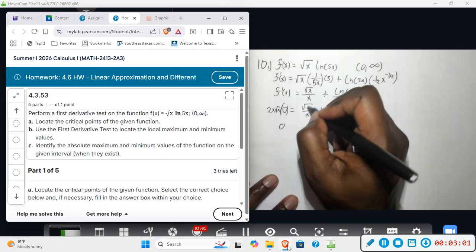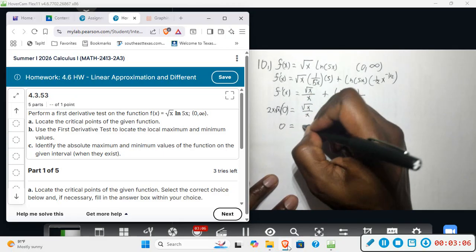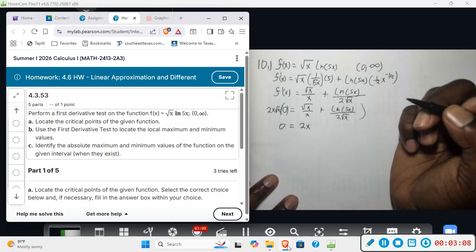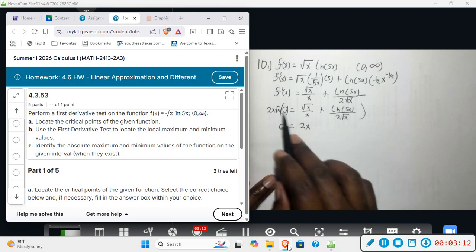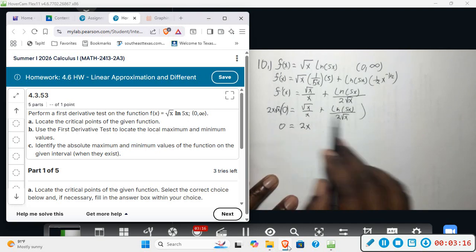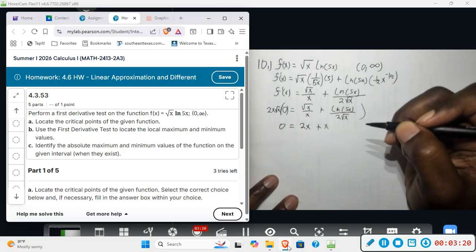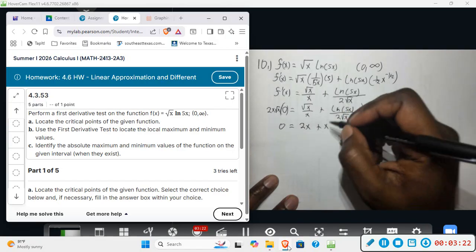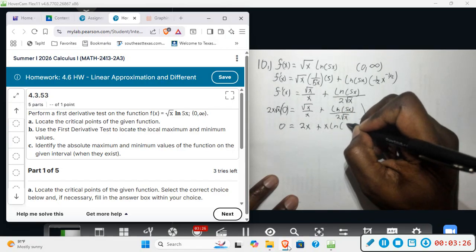The square root times square root will be squared, and then it will cancel out, leaving me with 2x. And then multiplying the 2x square root of x times this term, the square root of x and the 2 will cancel out, leaving me with x times ln of 5x.